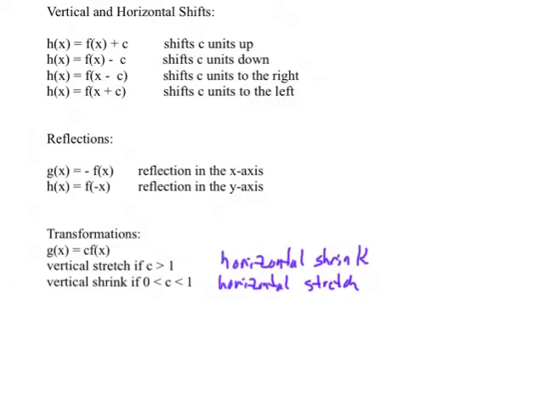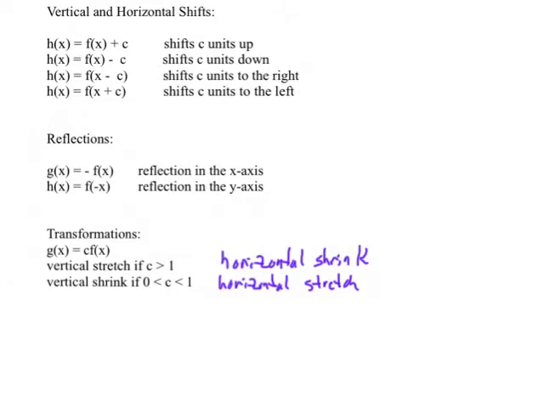Now, the reflections. If you turn the whole function negative, that's going to reflect it over the x-axis. However, if I plug a negative x in for x, or in this situation my x is turned to a negative x, that means it's going to reflect it over the y-axis. Now, what about the non-rigid transformations?